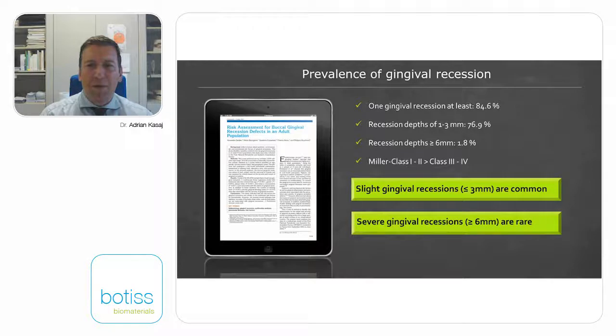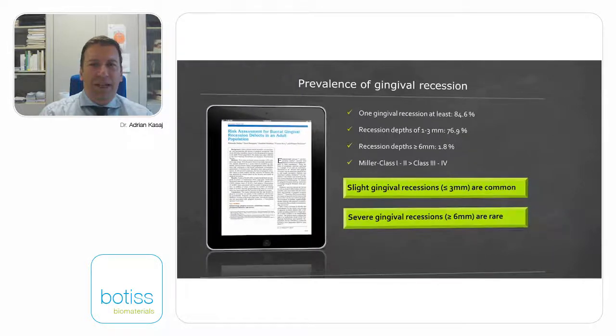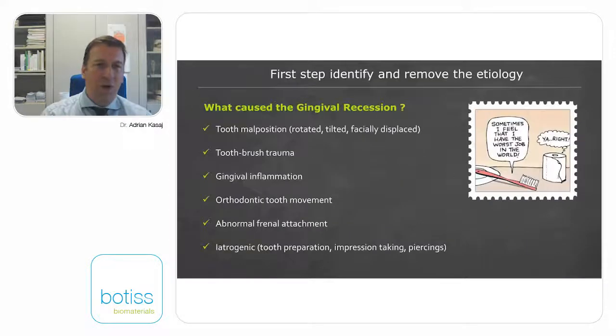So before we start treating our patients, we should identify it and, if possible, remove the etiology. So we should take a look at what caused the gingival recession. Was it due to tooth malpositioning, due to traumatic toothbrushing technique, inflammatory lesions?